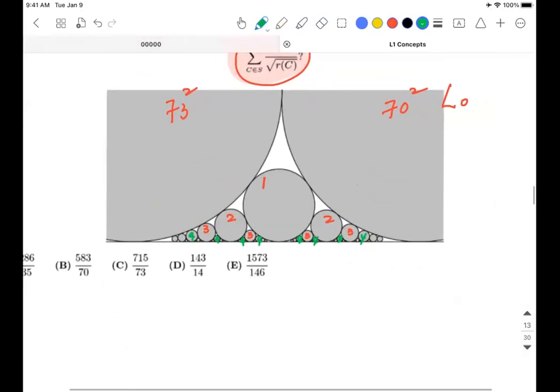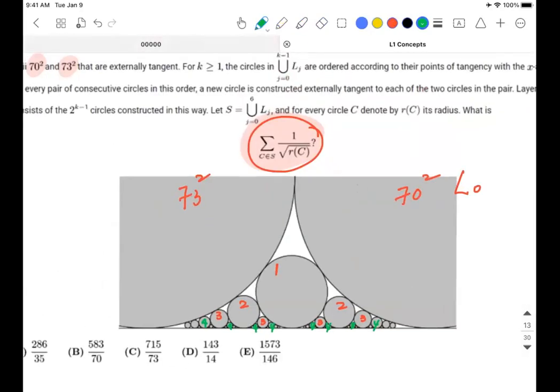Each layer, the circle number increases exponentially as 2 to the power of k minus 1. When k equals 1, it is 2 to the power of 0, so there's only one circle. When k equals 2, 2 to the power of 1, you have 2 circles. When k equals 3, 2 squared, you have 4 circles, and so on and so forth.